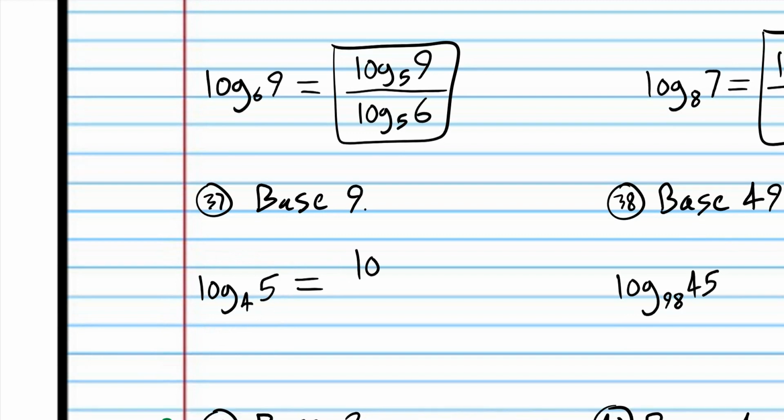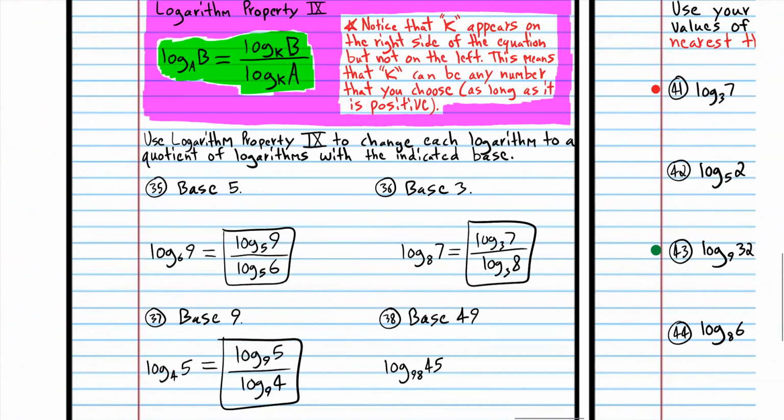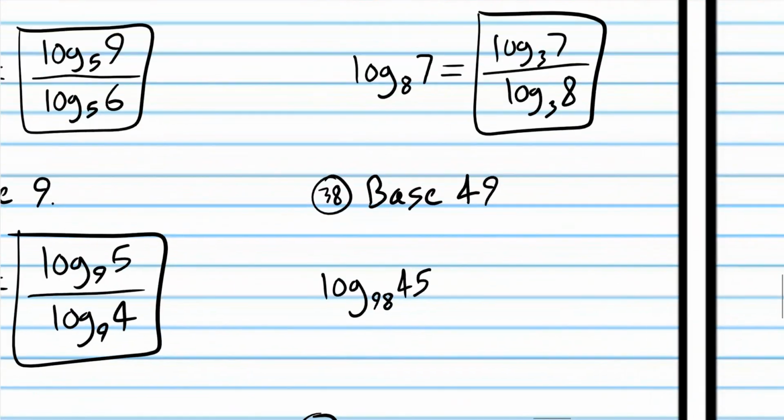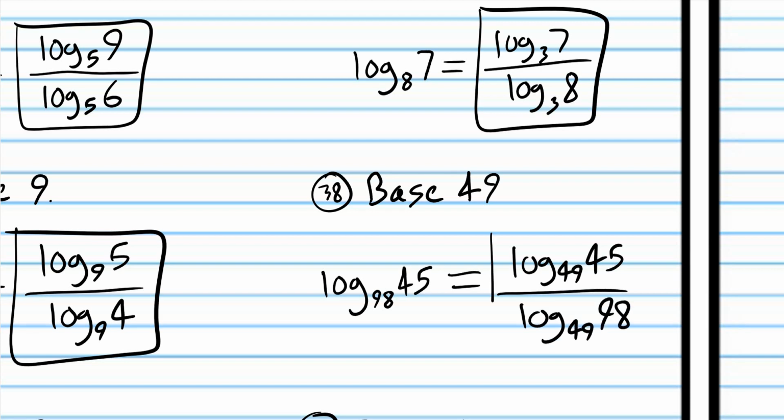So it's going to be log base 9 of 5 over log base 9 of 4. That's it. So again, you might want to get a picture of that logarithm property up there. So we have a base 98 logarithm. We're going to change it to a base 49 logarithm. And there you go.